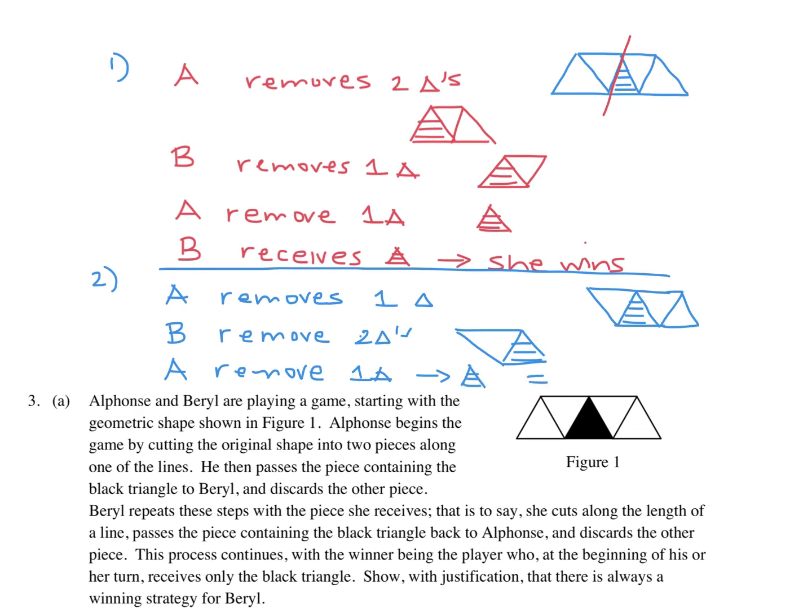Then it's Beryl's turn. And since Beryl receives that black triangle, she wins, according to the definition of the game in that opening stem. So that's basically the strategy. And regardless of what Alphonse does, Beryl can win by making the appropriate cuts.